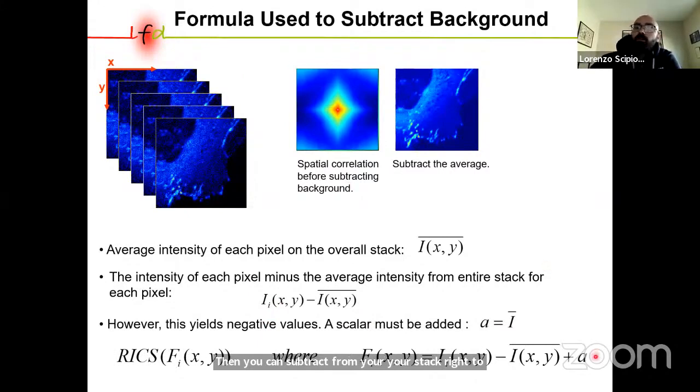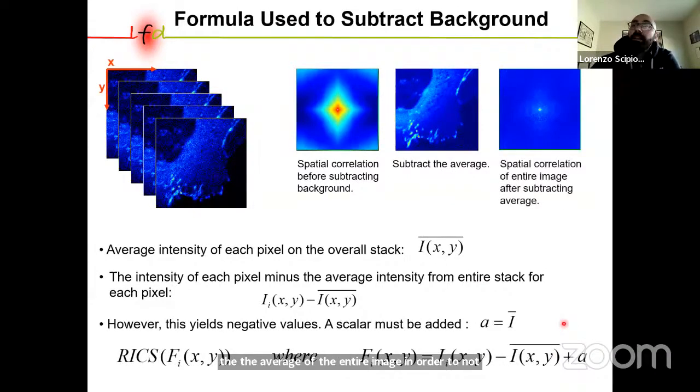You also have to re-add some value, typically the average of the entire image, in order to not have negative values, which make no sense. And then, if you compute the autocorrelation now, you're left with the correct data set, which is the contribution that is due to diffusion.